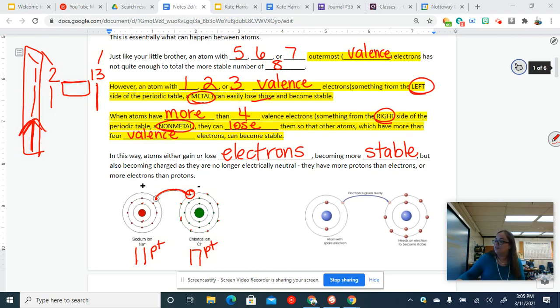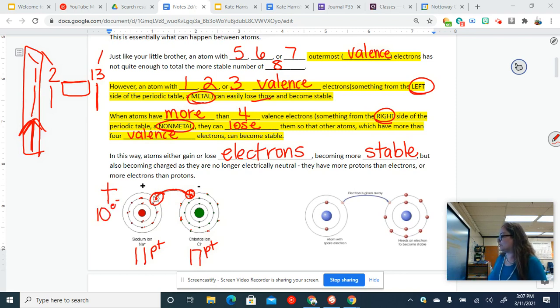Okay, so this one now has 8 in its outer energy level because it lost that extra 1. This one now has 8 in its outer energy level because it gained 1 and everybody's happy. So in this way, sodium now has 1 fewer negative charge than it had positive charges. So it now has a positive charge. It has 11 protons, but only 10 electrons.